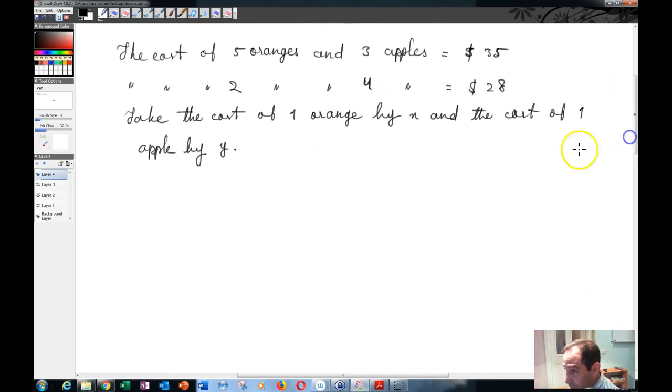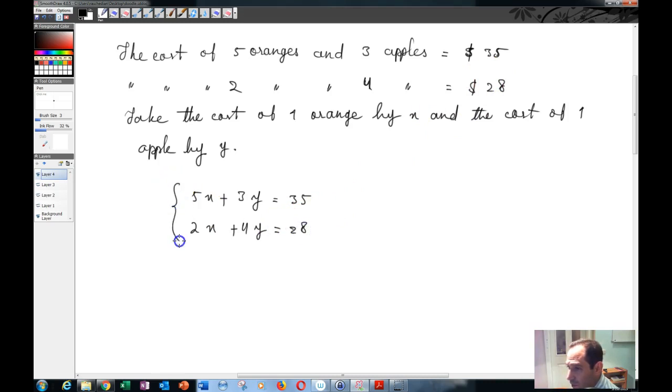then the cost of 1 orange is x, and the cost of 1 apple is y. So 5 oranges would be 5x, and 3 apples would be 3y, equal to $35, and then 2 oranges would be 2x, and 4 apples would be 4y, equal to $28.